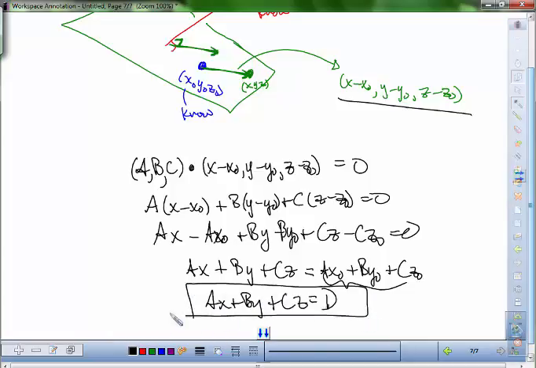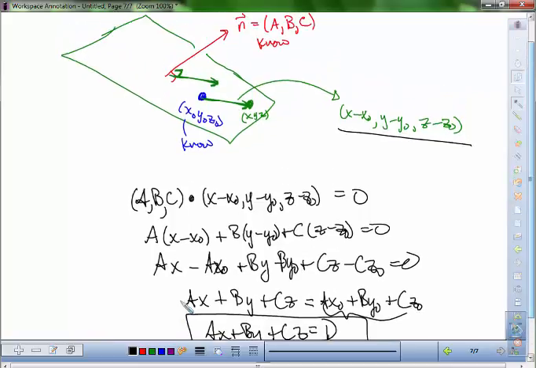So we have a nicer, more compact equation of a plane that looks like the equation of a line that we learned in 3rd grade. Pretty cool, huh?